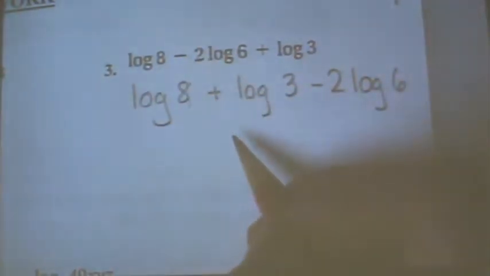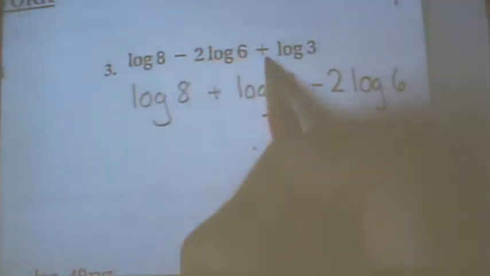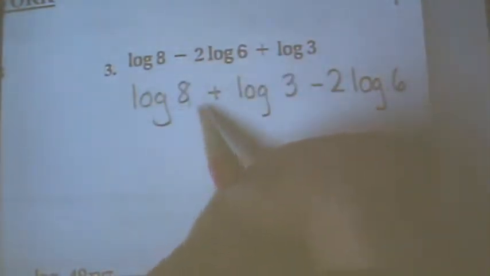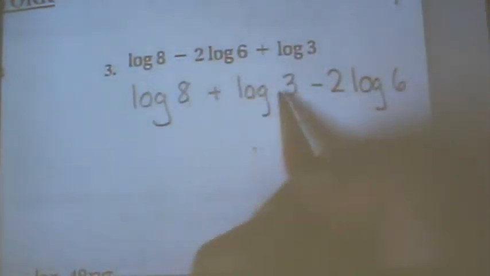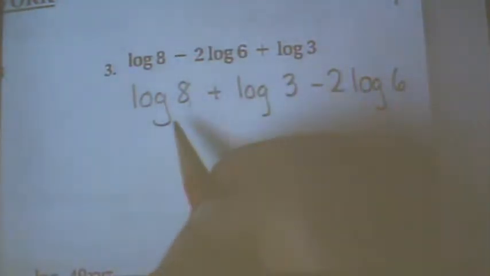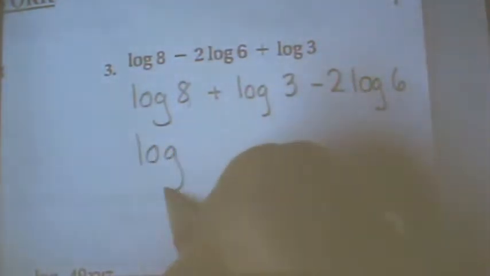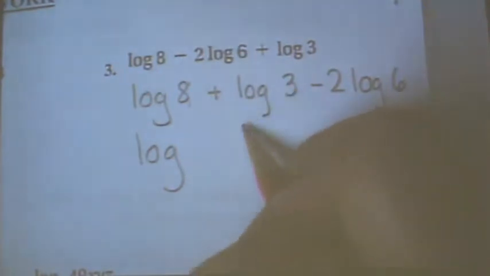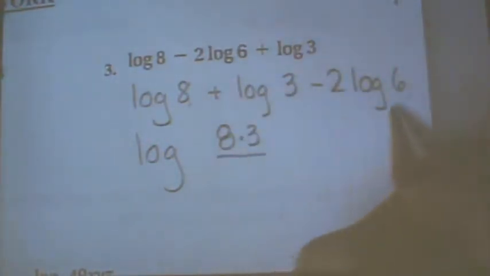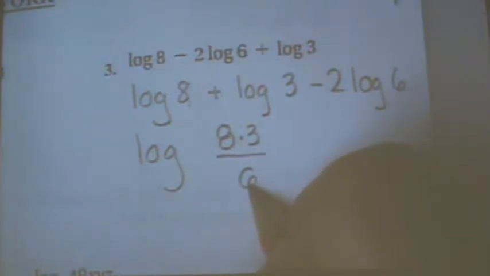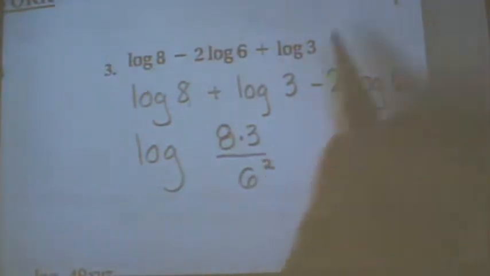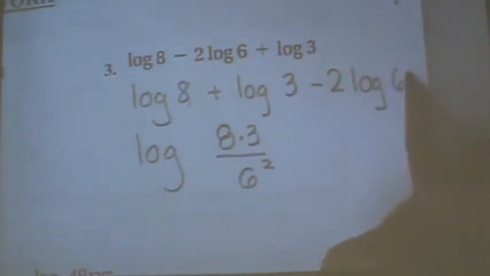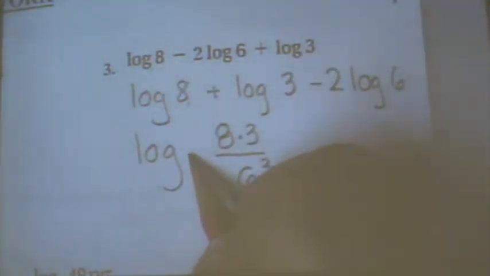These two you can add together, but you're not adding, you're actually going to be multiplying, and these are all base 10. So this would be written as the log of 8 times 3, and then divided by 6, and then 6 is to the second power. So this 2 goes with this 6. And it's all base 10.